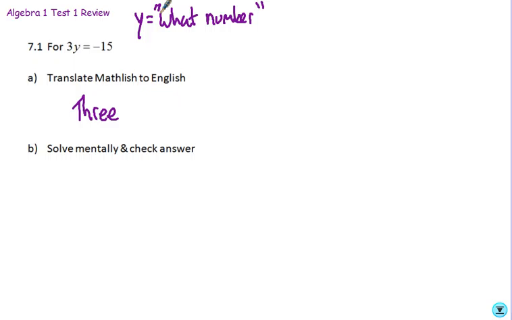So we would say 3. And then what's going on there? 3 plus, 3 minus, 3 times. Well, multiplication is the only time that you're not going to see a symbol. What I mean by that is that if they wanted you to add 3 and y, they'd say 3 plus y. Or if they wanted you to subtract, they'd say 3 minus y.